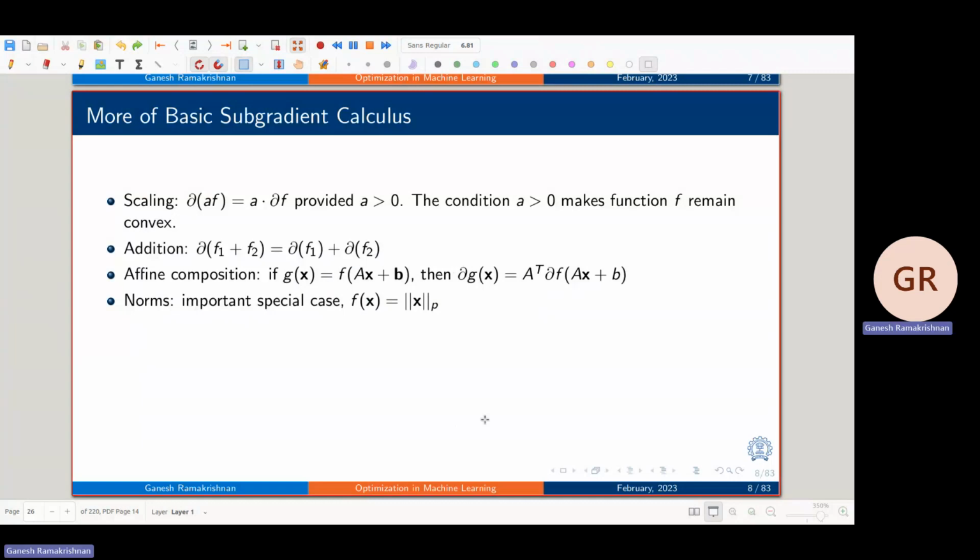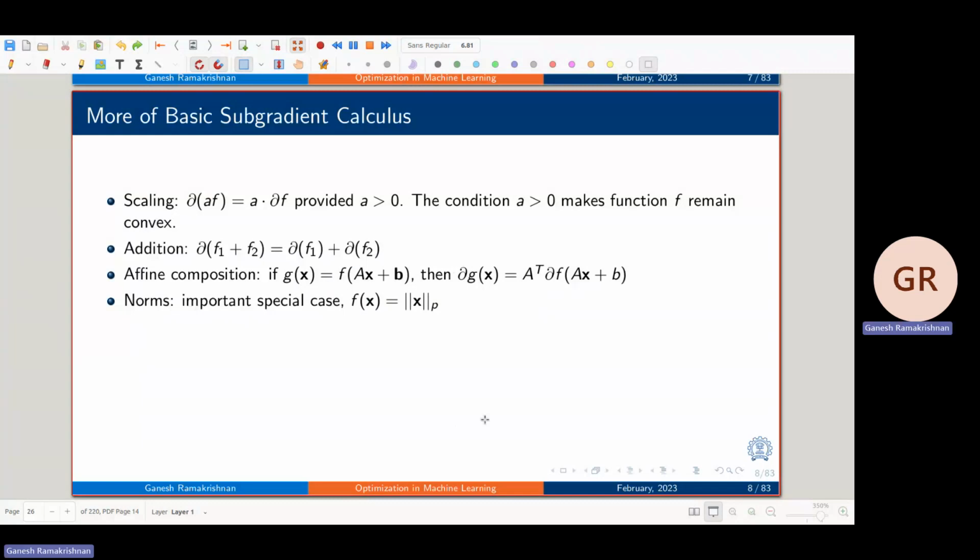The absolute value of x transpose y is less than or equal to the 2 norm of x into the 2 norm of y.